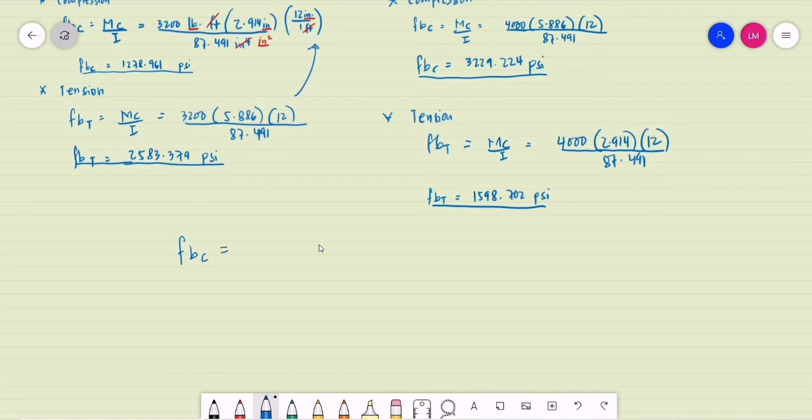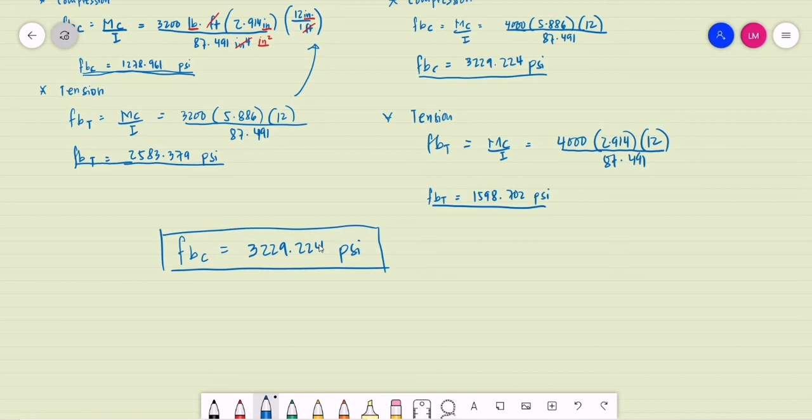We are to consider these two, 1,278.961 and 3,229.224. Obviously, this is way higher, 3,229.224 pounds per square inch. This is the maximum bending compressive stress of the beam.